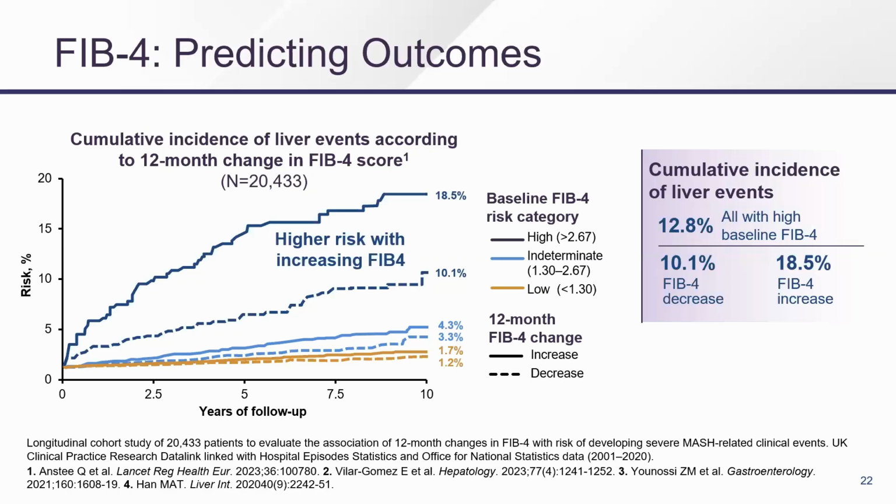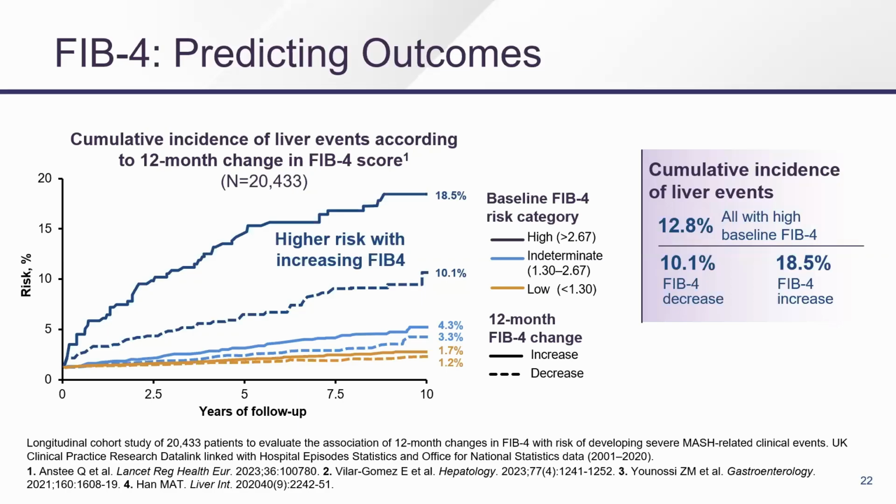So the higher the fibrosis level is, the higher the cumulative risk of complications and liver-related events. This is your highest score, FIB4, and this is associated with the highest incidence of liver-related events.